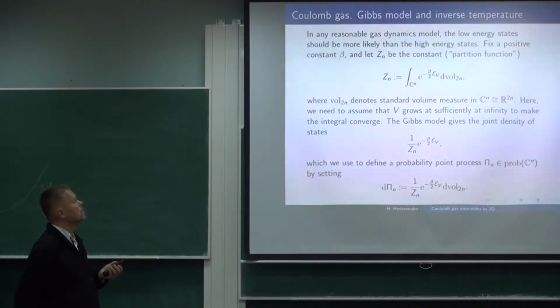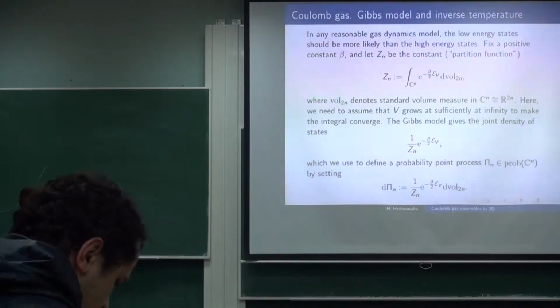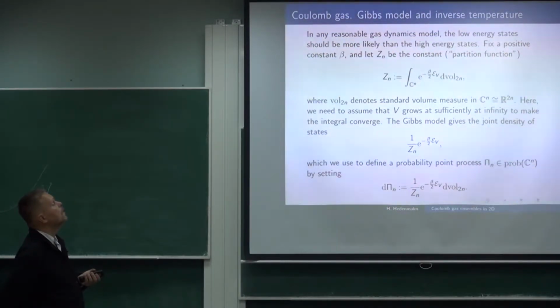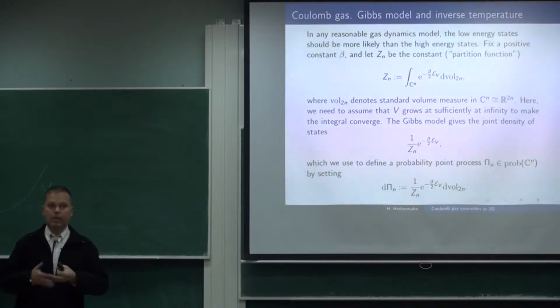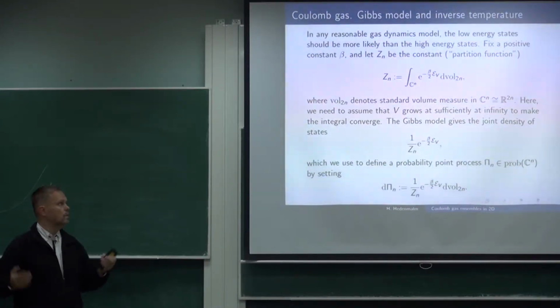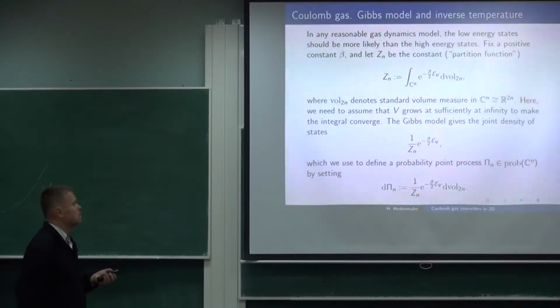Okay, and then we deal with the volume measure in C^n, the plane times itself n times, which is the same as the Euclidean space, 2n dimensional of the reals. That's why I write 2n there. To make this whole thing convergent, you need the potential to be sufficiently strong near infinity, some kind of growth rate near infinity.